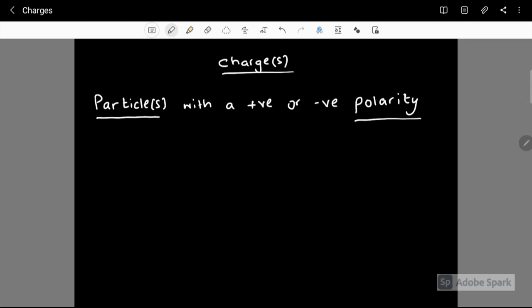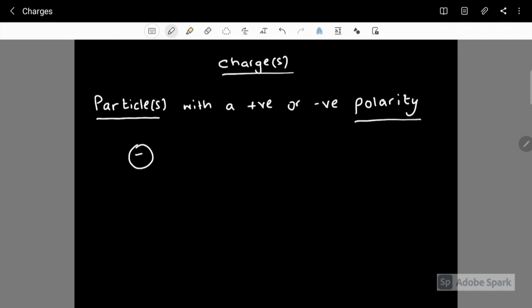Now, an interesting phenomenon associated to charges is that like charges always repel each other, and so if you have negative negative charges here, they are always going to repel each other. There is going to be some sort of a force that keeps them away from each other.